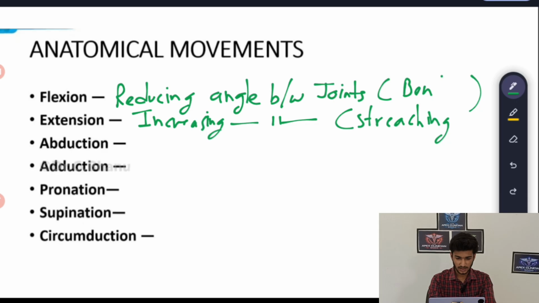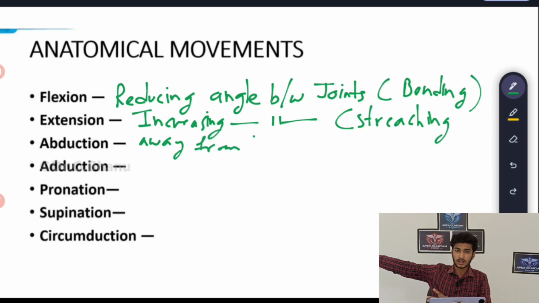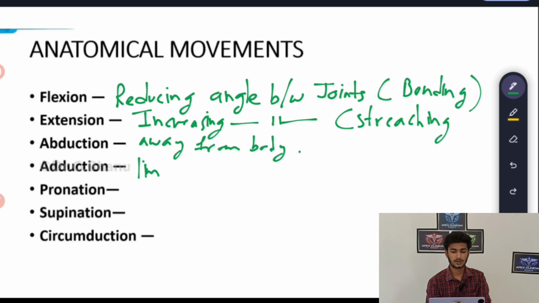Then there is another movement, that is abduction. Abduction is away from the midline of the body. Away, it is called abduction. And whenever any body part comes towards the body, it is called adduction. So in this image, you can see what is adduction and what is abduction.